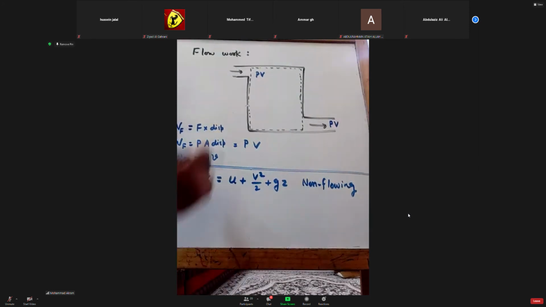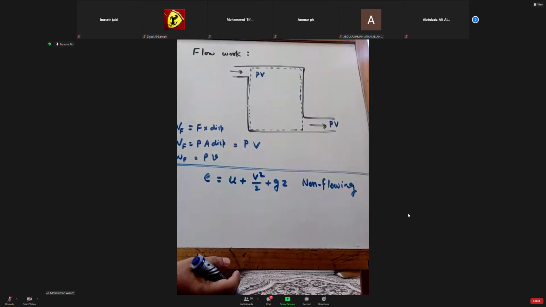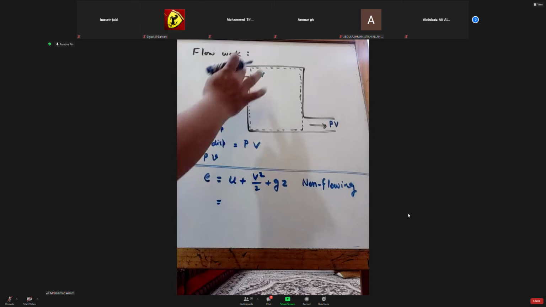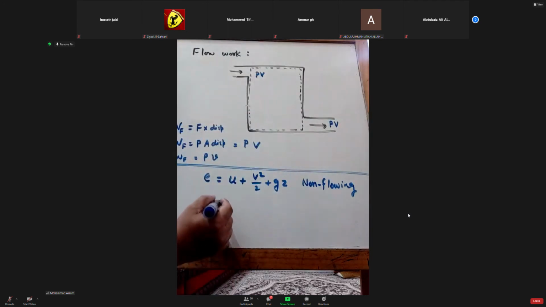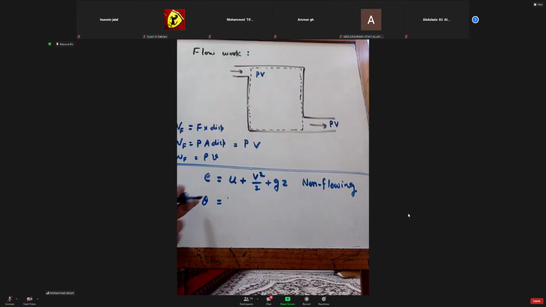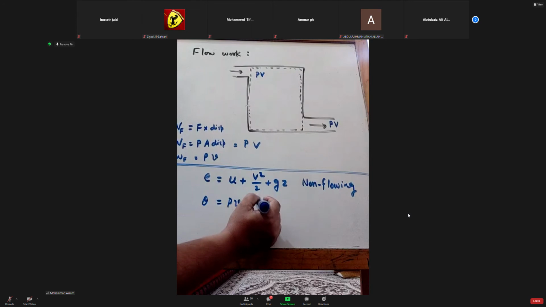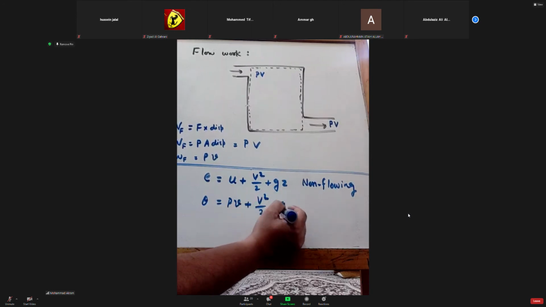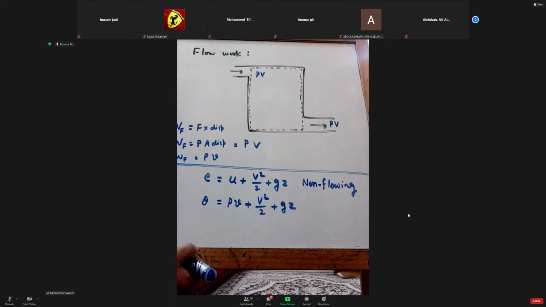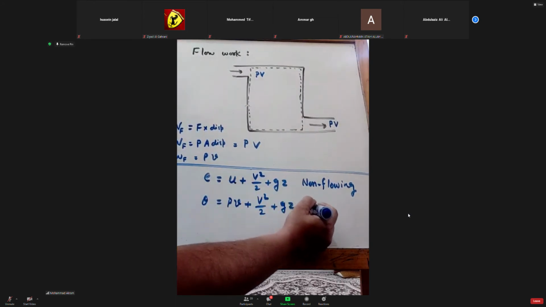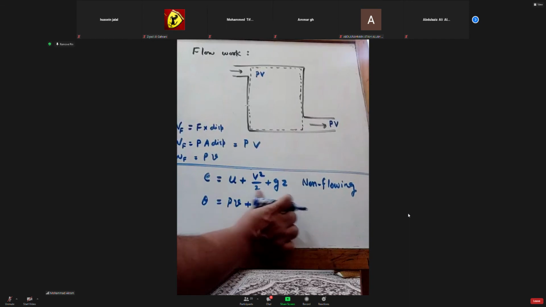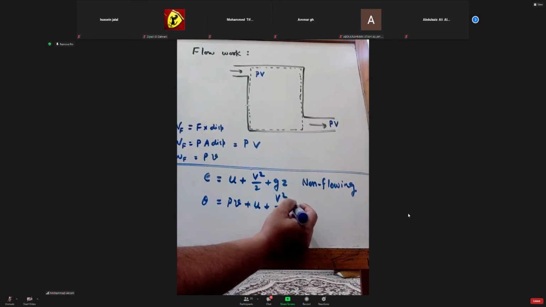If there is a flowing system, that is inlet and outlet, because the pressure is now changing, then in that case what can we write? Total energy, now instead of E I'm writing theta for total energy, and it will be PV plus U plus V square by 2 plus gZ.